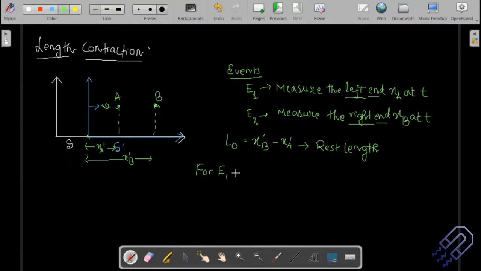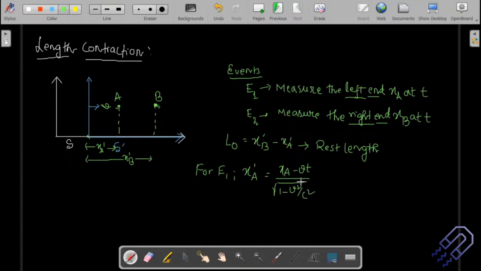So that's the idea. What we can do is we can just simply write it down for E1. For the first event we actually want to know what is xa prime. Xa prime we already know it's a part of the rest length, but if we want to write it down in terms of xa, we can simply write it down as xa minus vt, divided by root over 1 minus v square divided by c square, right?